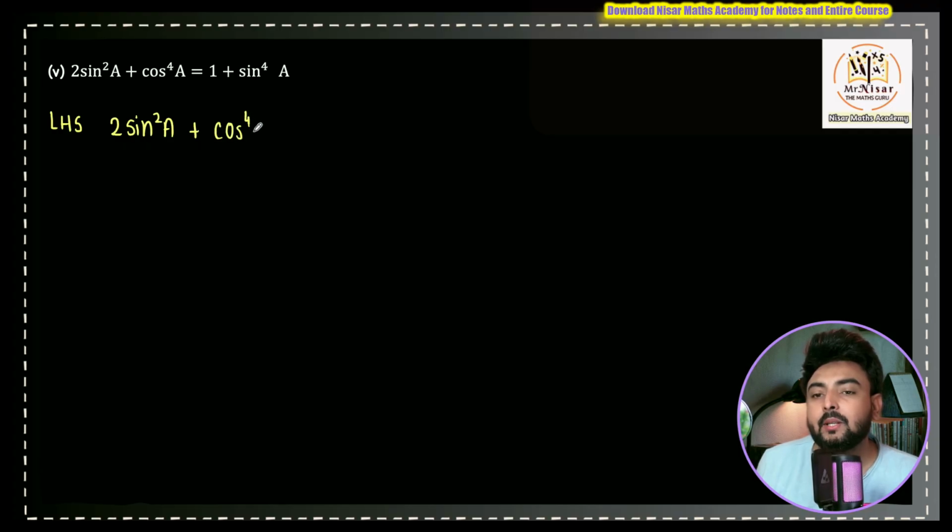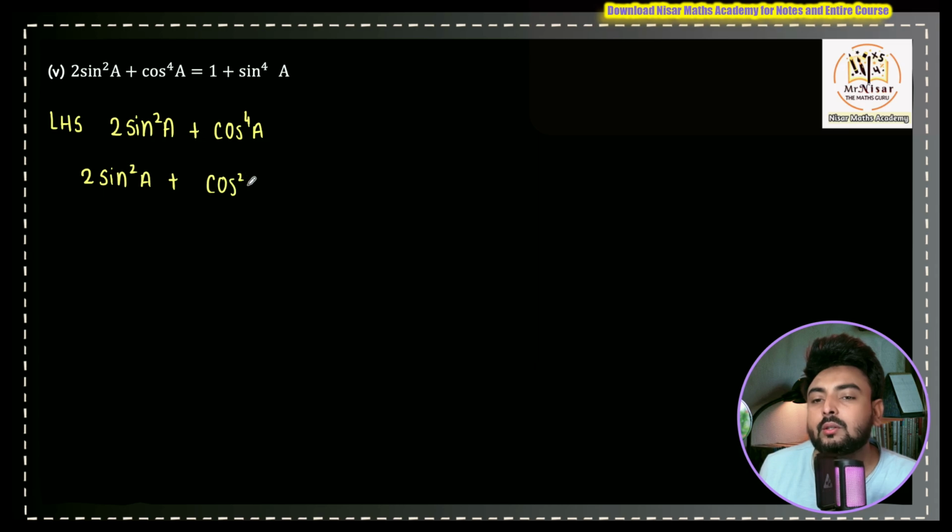I have repeated this many times in this series that whenever the power 4 is there, we should try to convert it into the power 2. So can I say that this cos to the power 4 a can be written as (cos square a) whole square? Then now I'll write here 2 sin square a plus, cos square a can be written as 1 minus sin square a, and this will be whole square.